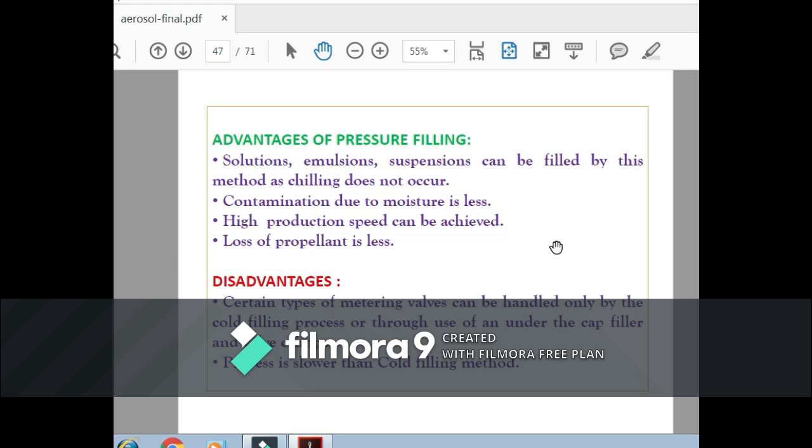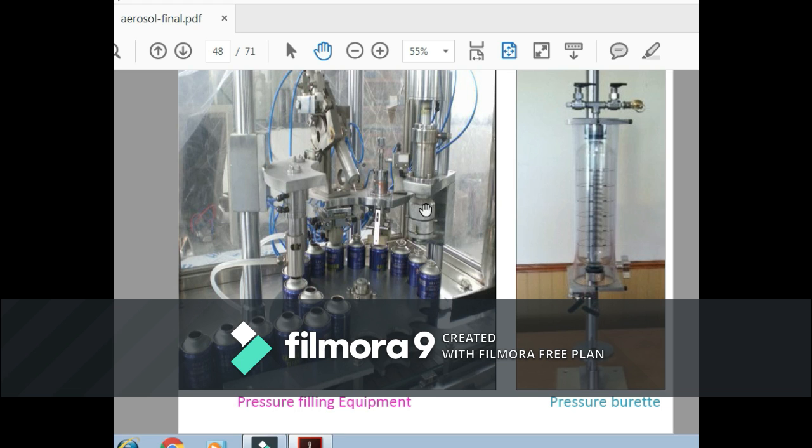Disadvantage of this method is that certain types of metering valves can be handled only by the cold filling process. It means when your propellant is highly volatile, in that case it is not possible to use the pressure filling system. See, this is the burette I have shown here.